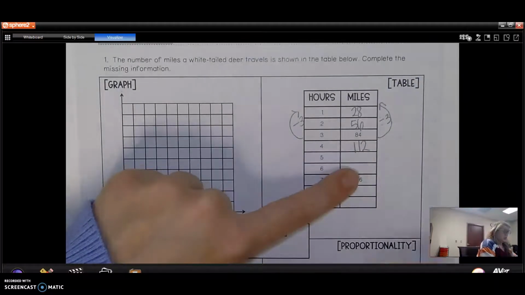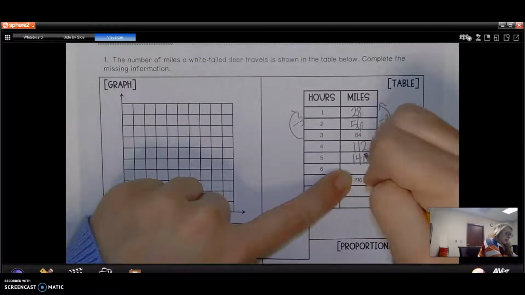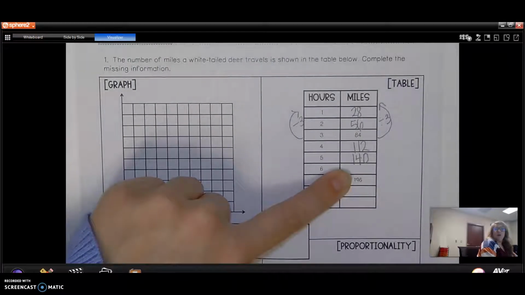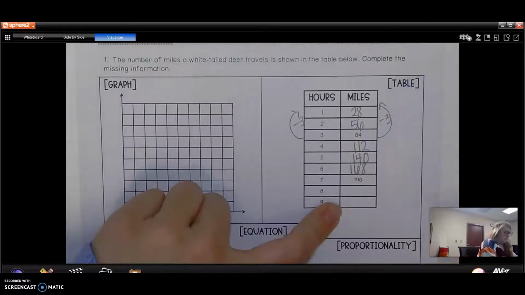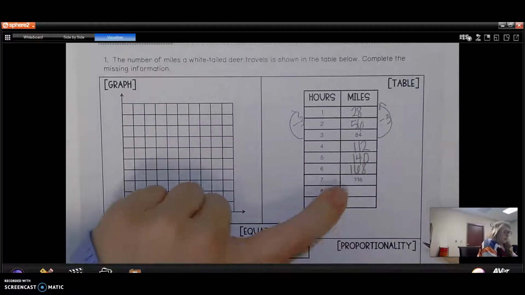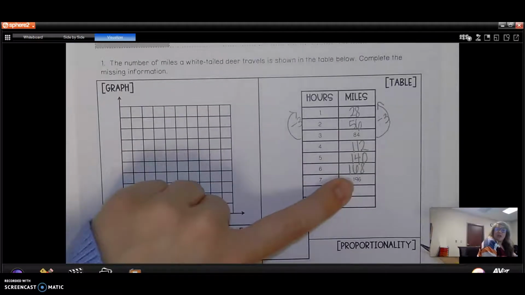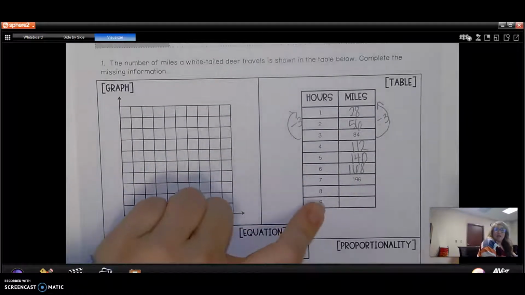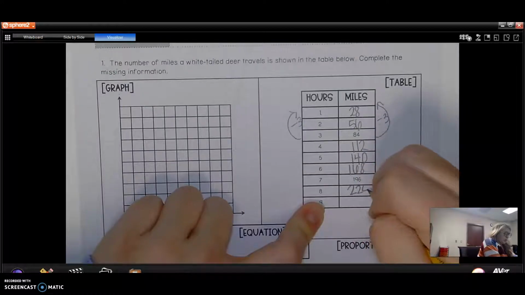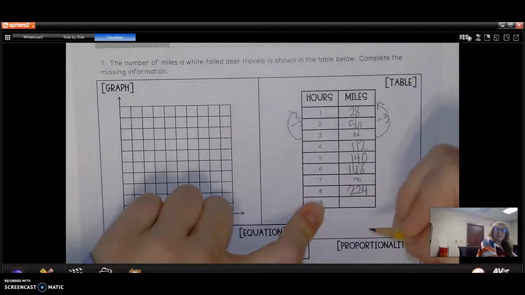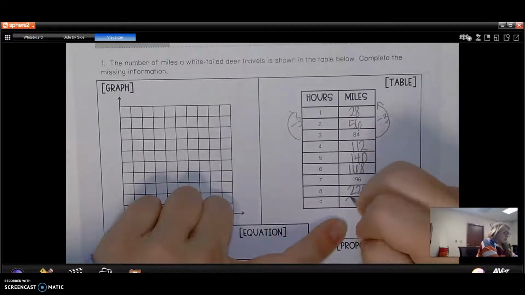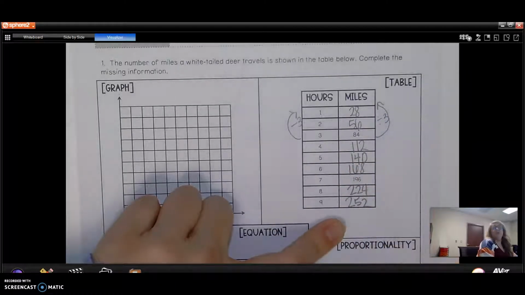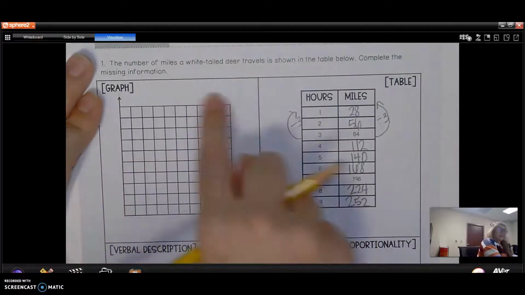And then 112 plus 28 is going to be 140. 140 plus 28 will be 168. Okay. In 7 hours, I can travel 196 miles. In 8 hours, I can travel 224 miles. And I'm getting that because I'm adding 28 every time. So in 9 hours, I can travel 252 miles.